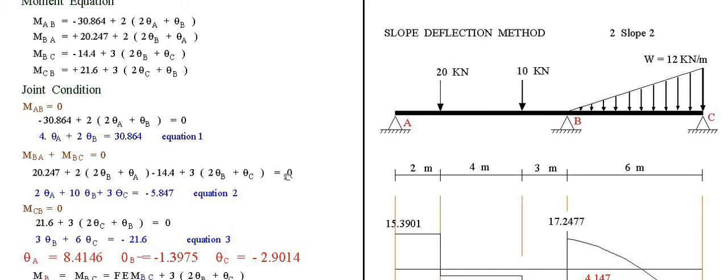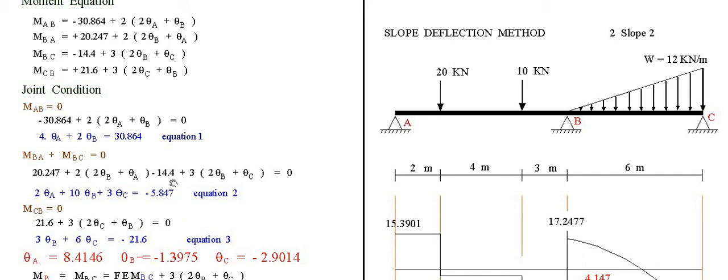Now simplifying this, be sure to make the subscripts in alphabetical order. So theta A is 2 times theta A. Theta B, we have this 4 and 6. Theta B is 10 theta B. Then for C, this is 3 times theta C. Okay.